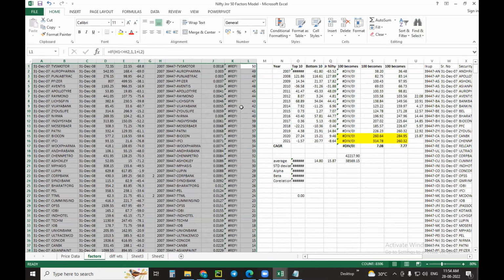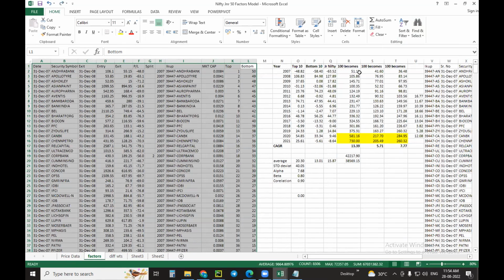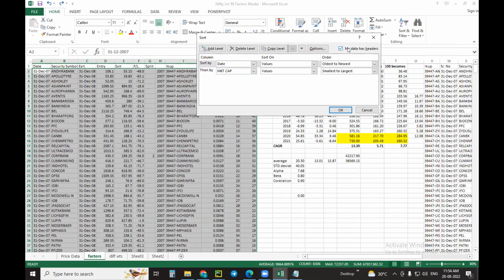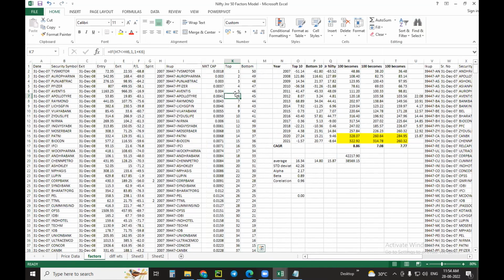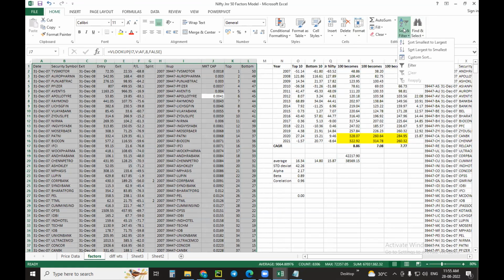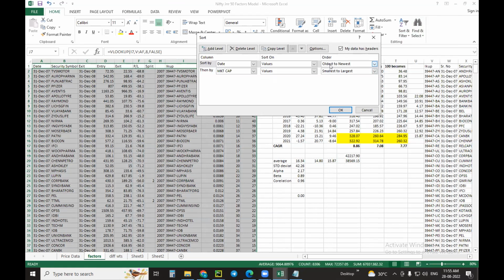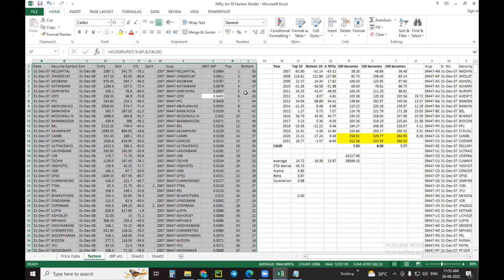No. No, market cap large to small. Okay.